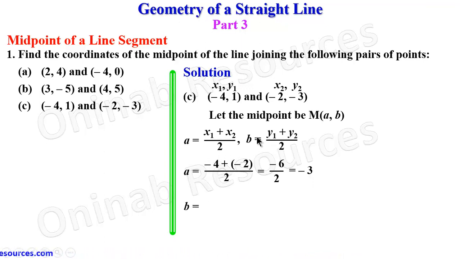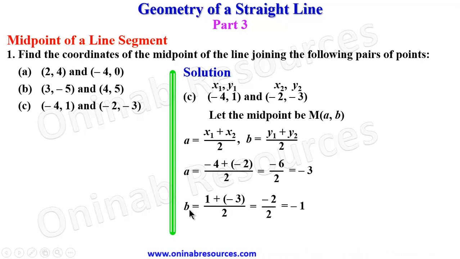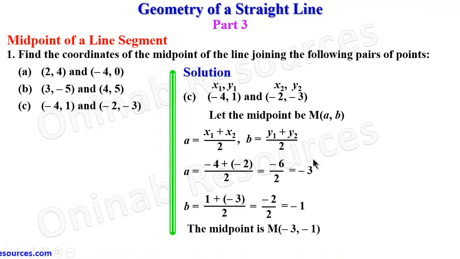Then for the value of b, we have 1 plus -3 divided by 2. 1 plus -3 gives -2, divide by 2, and that gives -1 for the value of b. So the midpoint now is M, whose coordinates are (-3, -1). And that's the end of the solution to problem 1.